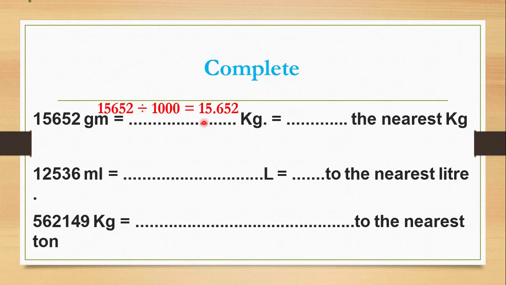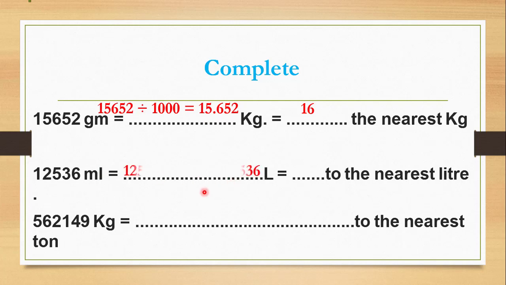If you want to approximate to the nearest any unit, kilogram, gram, ton, centimeter, meter, liter, or whatever, the first step is to convert to this unit, then approximate to the nearest whole number. So here I want to convert to the nearest whole number. Look at the unit here, 5. Look at the right, we have 6 more than 5, so I'll add 1. It will become 16.